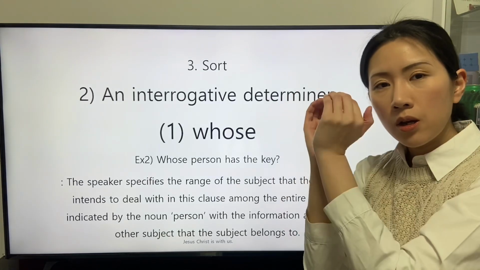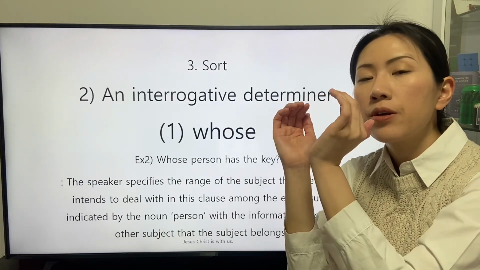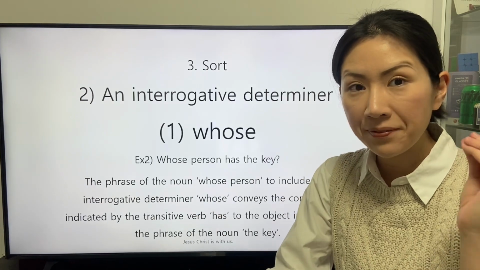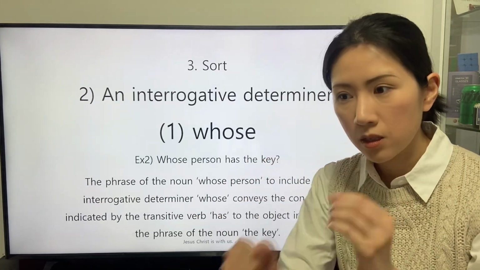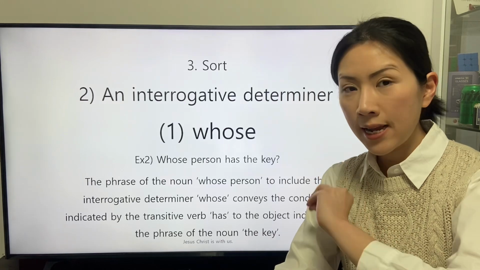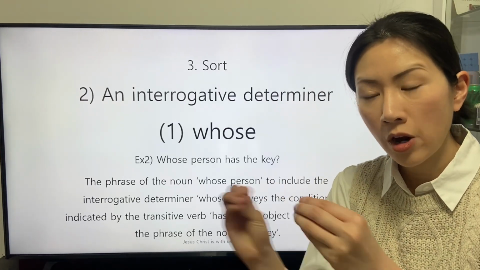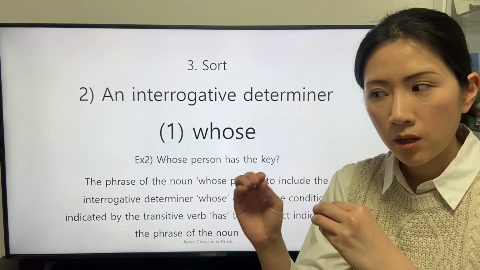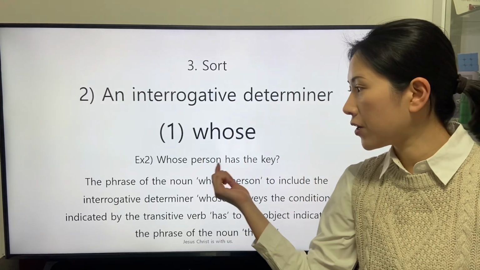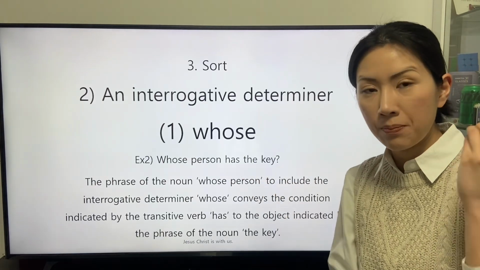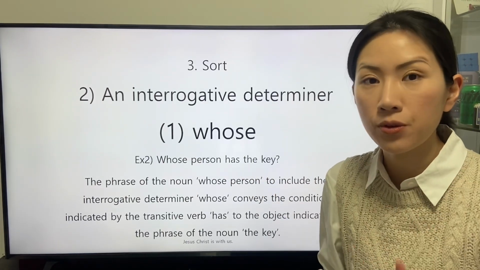The speaker intends to figure out the person. The specified subject is stated in the clause to start and give the definition of the transitive verb has to the object indicated by the phrase of the noun, the key.